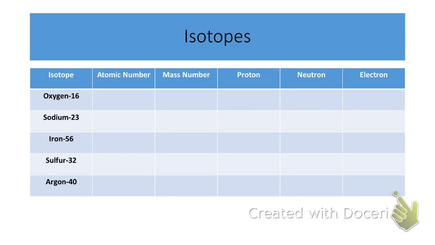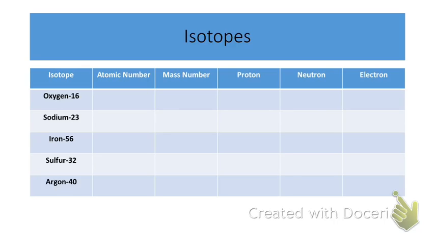All right, so what we're going to do is a little activity here. We're going to fill out this table for these particular isotopes. So we're looking at oxygen 16. The 16 tells us that it has a mass number of 16, or a total of 16 protons and neutrons.